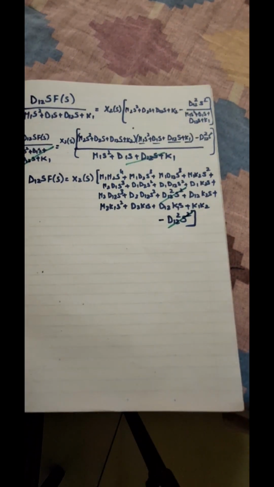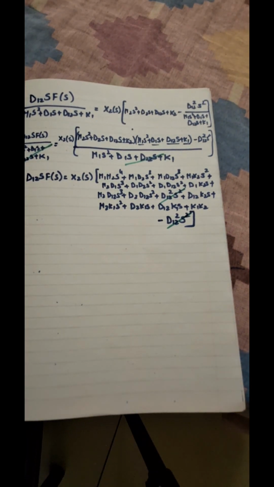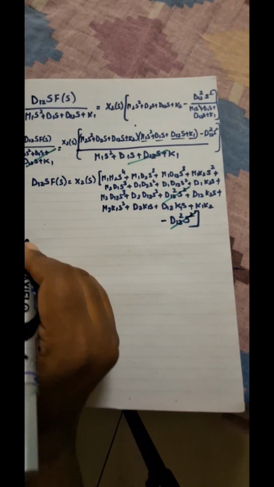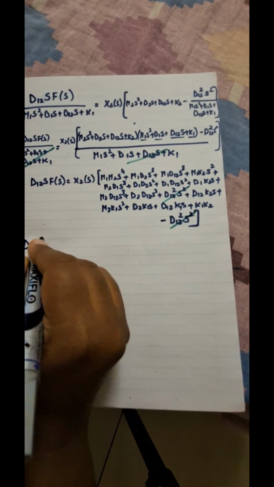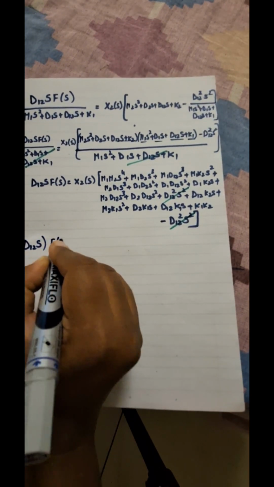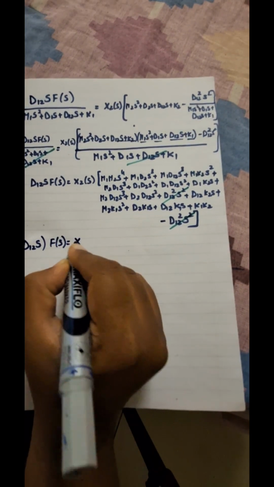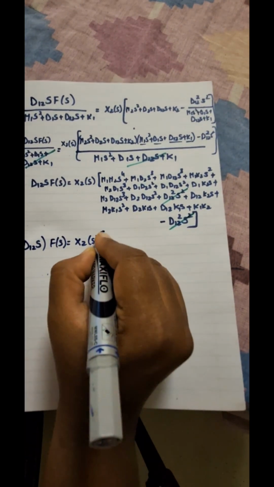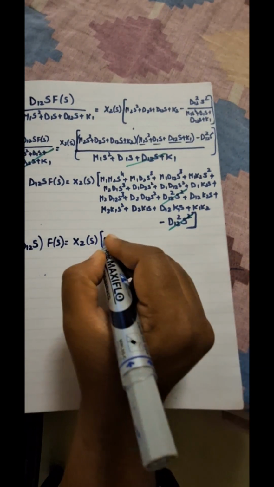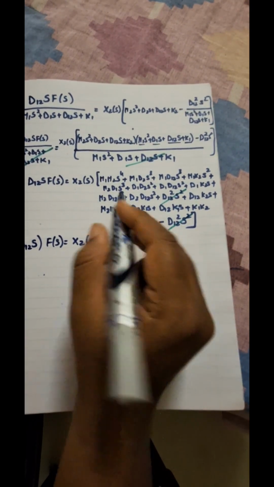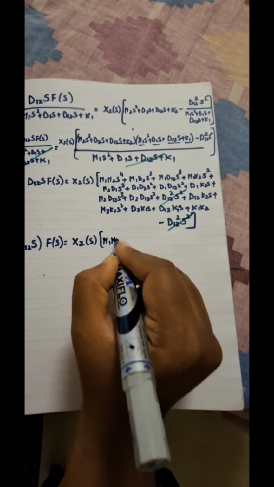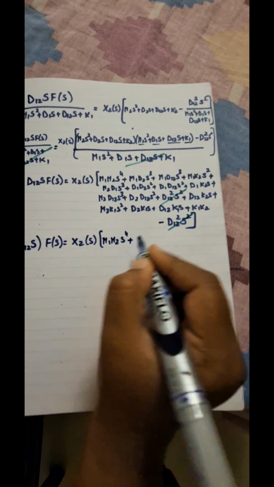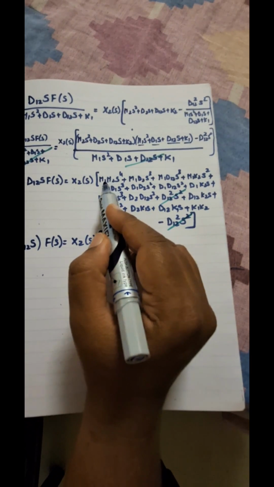Now D12 s of F of s equals X2 of s into, you should write the remaining value here. M1 M2 s power 4 plus, okay, s power 4 is done.